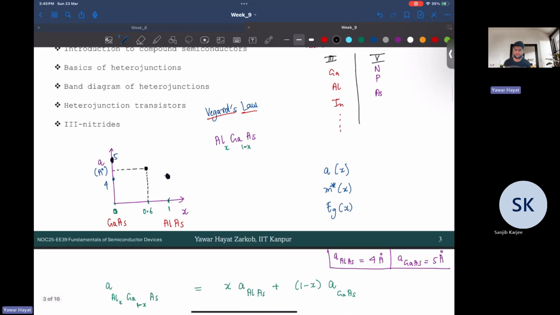So this is your Vegard's law. You can similarly use it for effective mass. And for band gap, it's not necessarily a linear relation. There is a little bowing in band gap versus X.